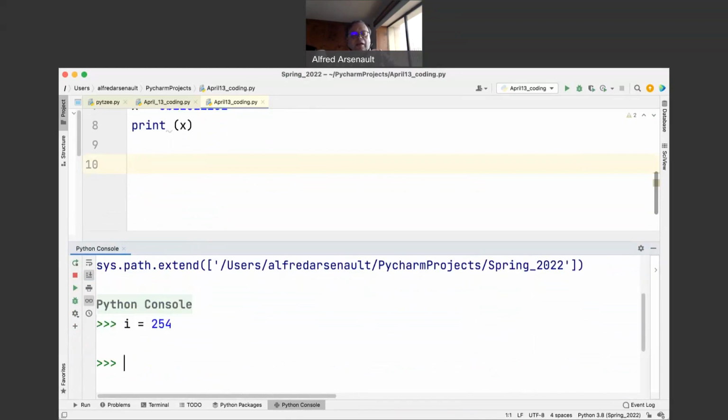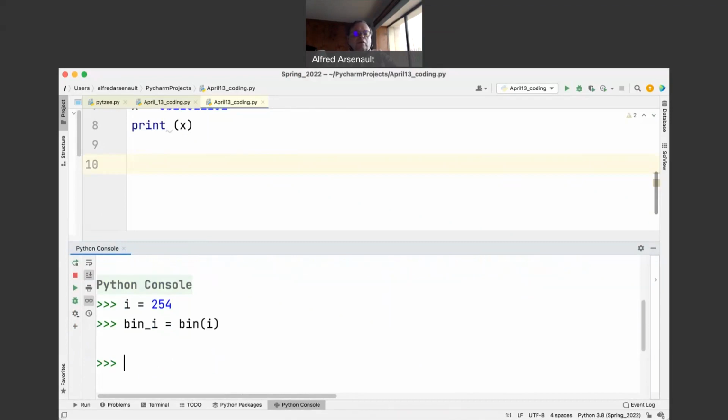Now let's say that bin i equals apply the function bin, or binary, to i, which converts it to binary. And what is the value of bin i? Now you can see that it will print out the binary. Python converted using this function bin to binary, and now it prints it out and it tells you it's a 0b.